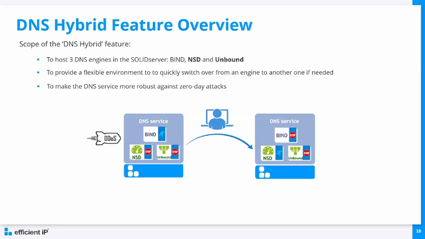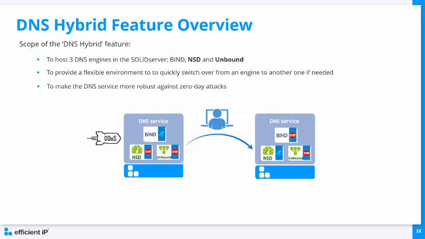To have service continuity, you can consider switching to one of these. If BIND is doing authoritative, you switch to NSD, name server daemon. If BIND is doing recursive, you switch to Unbound. You have to switch manually. It's not automatic.